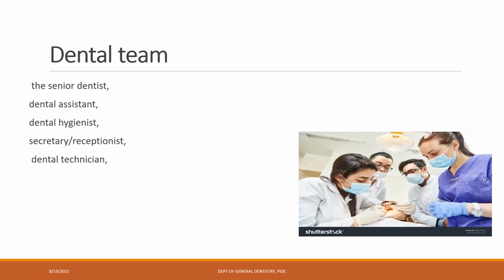The dental team consists of the senior dentist, dental assistant, dental hygienist, secretary, receptionist, and the dental technician. The dental technician may not be a part of your team. Not everybody can afford to have a dental technician unless you have a large, busy practice with a lot of denture and prosthetic works. Then you can have an in-house dental technician.